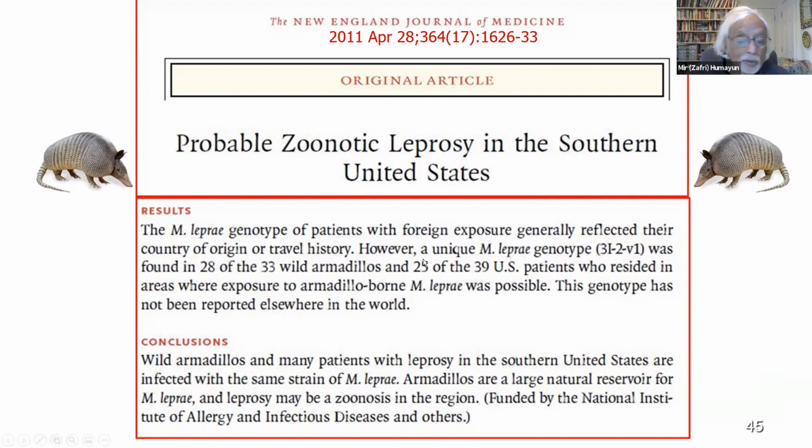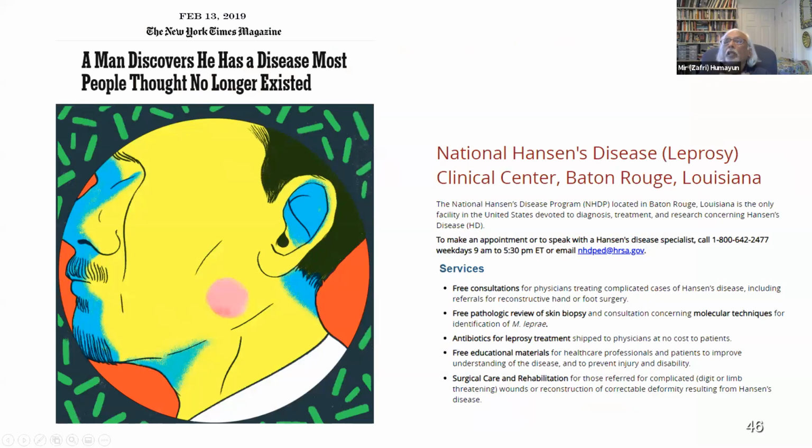So this part is speculative. What is proven is that a strain is shared between wild armadillo populations and a subset of patients in the United States. But I want to add that the disease is extremely rare in the United States, but the United States does maintain actually a Hansen's disease clinical center. It's in Baton Rouge in Louisiana. There's actually a center that treats the disease. Okay? But this disease is extremely rare in the United States.